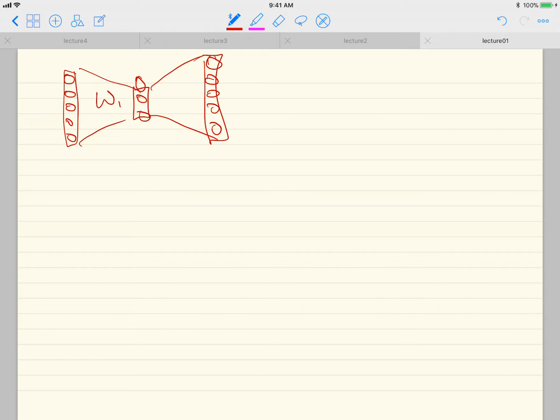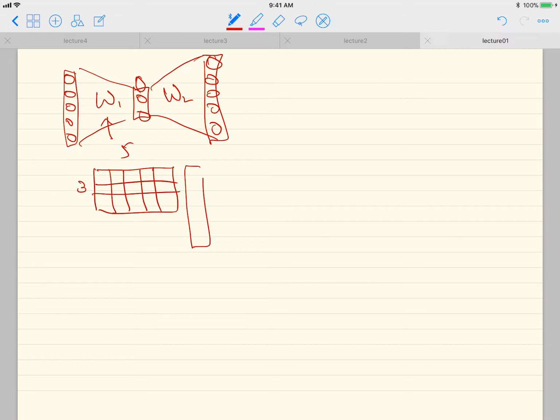And then you guys know what these two matrices are, W1 and W2. Let's recall, what is the size of W1? It is a 3 by 5 matrix, right?